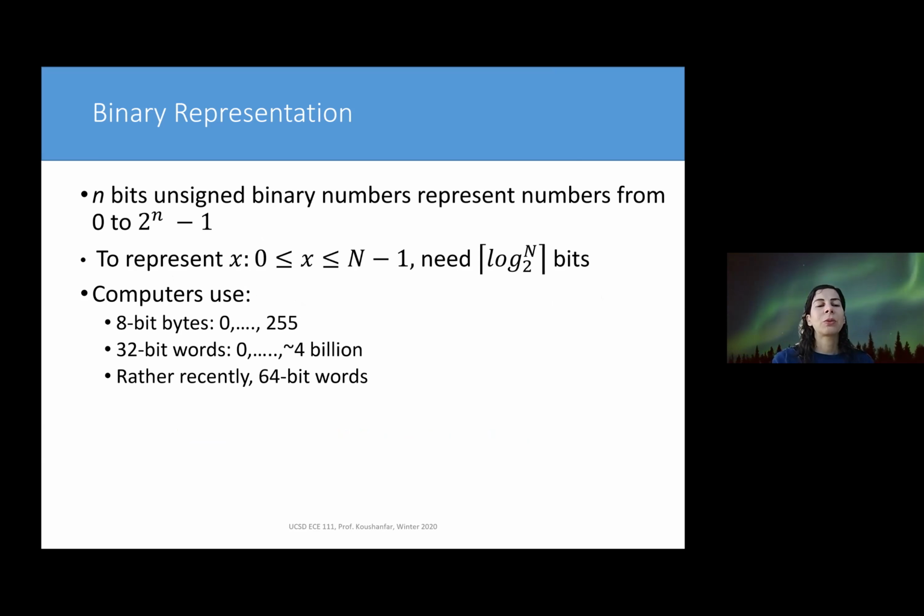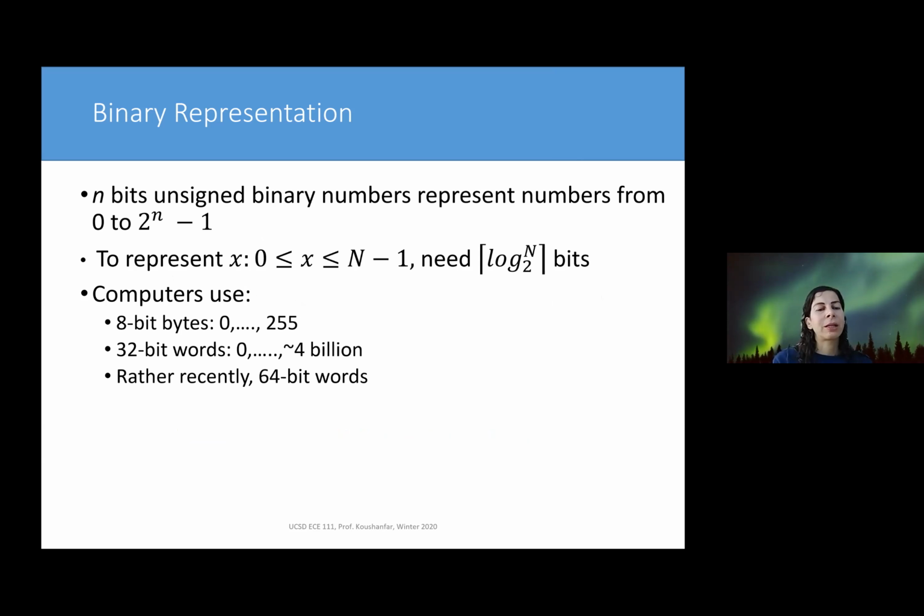In the system, if you have n bits, you would be able to represent numbers up to 2 to the power n minus 1, which is the largest number we could represent. And for representing n numbers, we need log of n in base 2 bits.